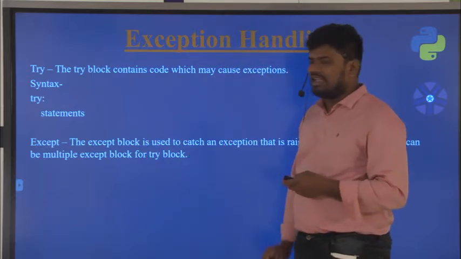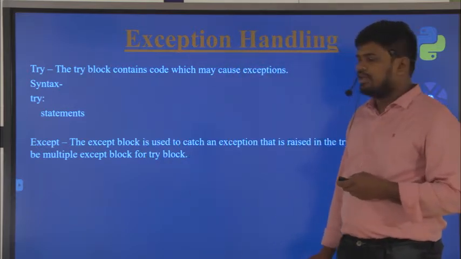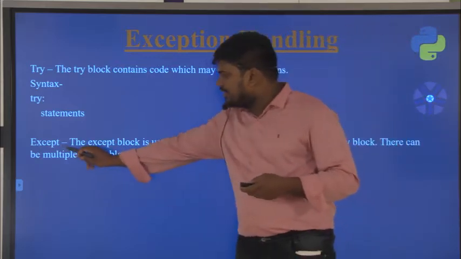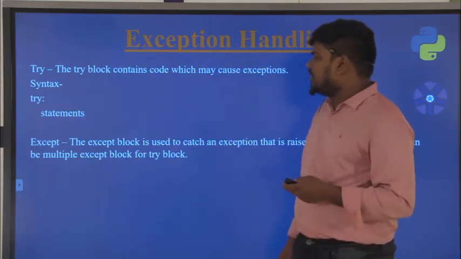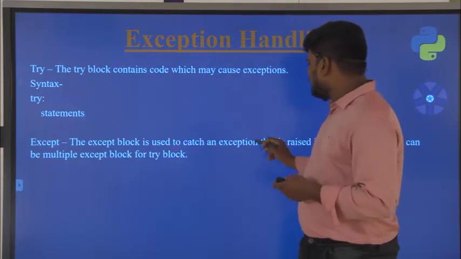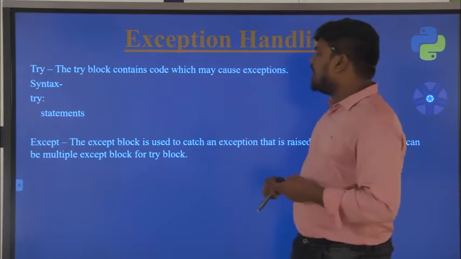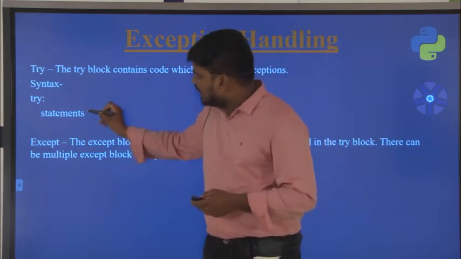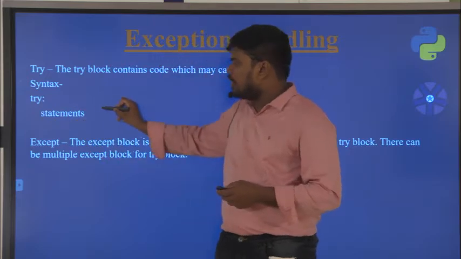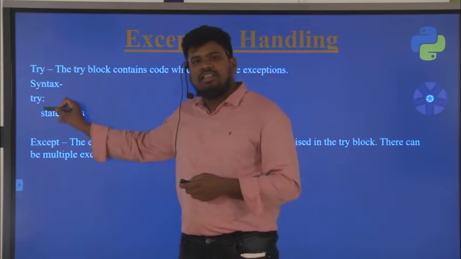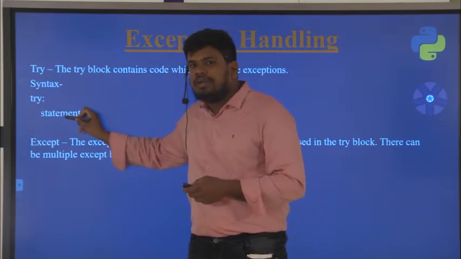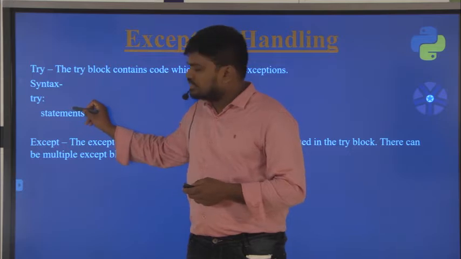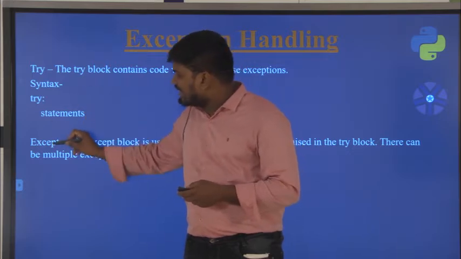The next keyword we should be familiar with is the except keyword. The except block is used to catch an exception that is raised in the try block. For example, if there is a problem with my code inside the try, this problematic code is thrown to the except.